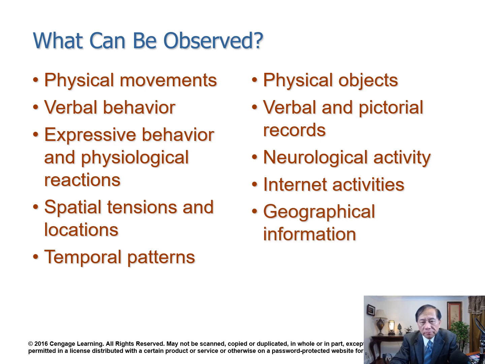Geographical information: with GPS, you can collect where the person or the vehicle or the truck moved about. Physical distribution of resources, objects, merchandise, goods.